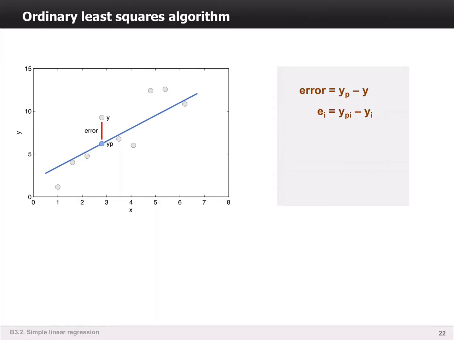Now, we have a lot of points, so we have to calculate the error for every single point in our sample. And then how to make the best model possible? Well, apparently if we want to fit all points as well as possible, the average error should be 0. But the problem is that the error is sometimes negative, sometimes positive. So if we calculate an average error, we simply will have 0.